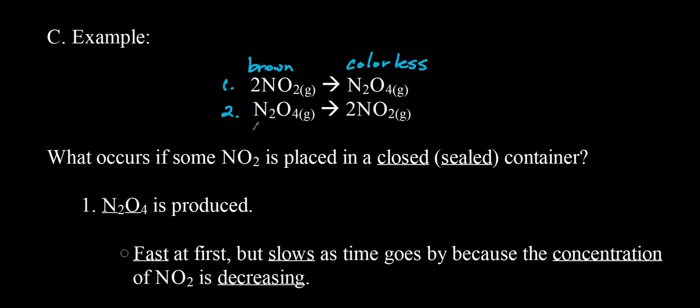So this reaction is fast at first, but it slows down as time goes by, again, because the concentration of NO2 decreases. It's being used up. We saw this in our last unit: as concentration decreases, rates of reactions also decrease.